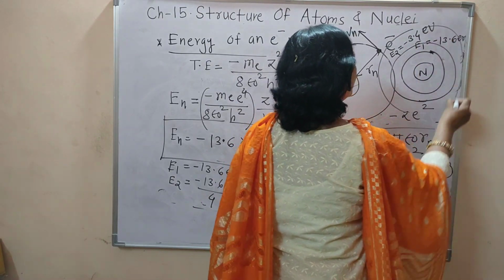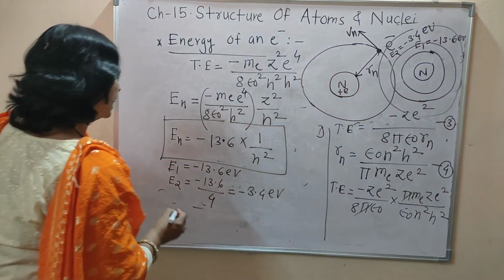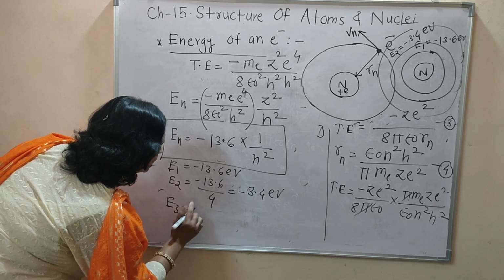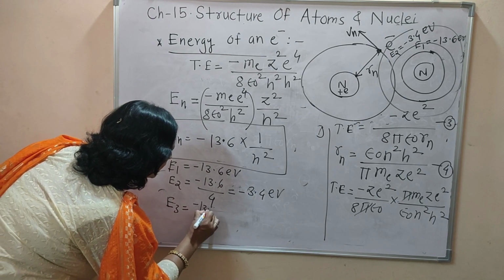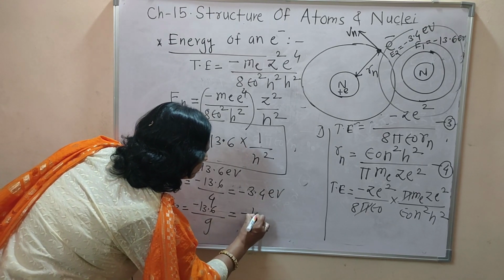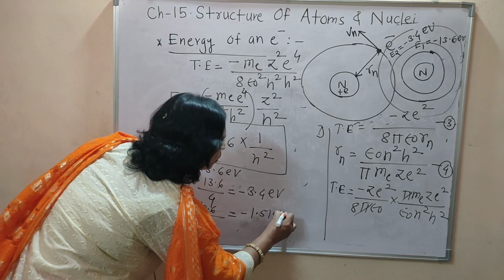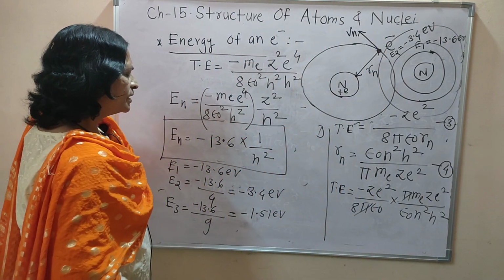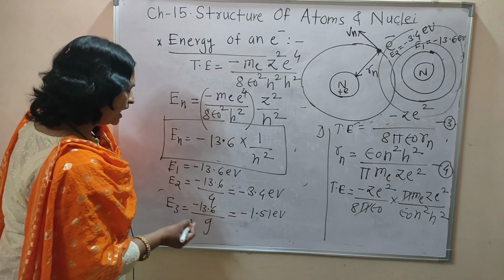Then the third orbit, E3, is equal to minus 13.6 divided by 9, that is equal to minus 1.51 electron volt. Third orbit has energy minus 1.51 electron volt.